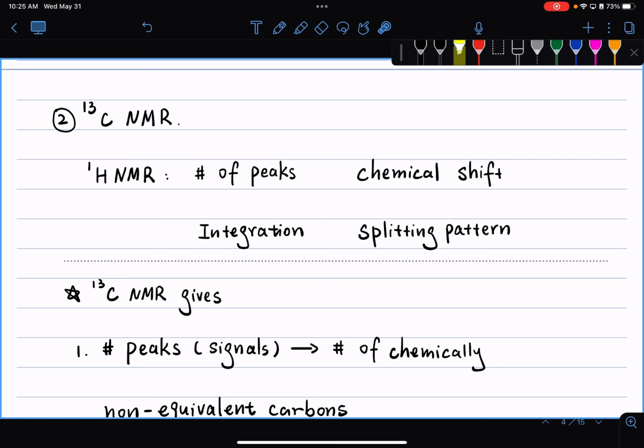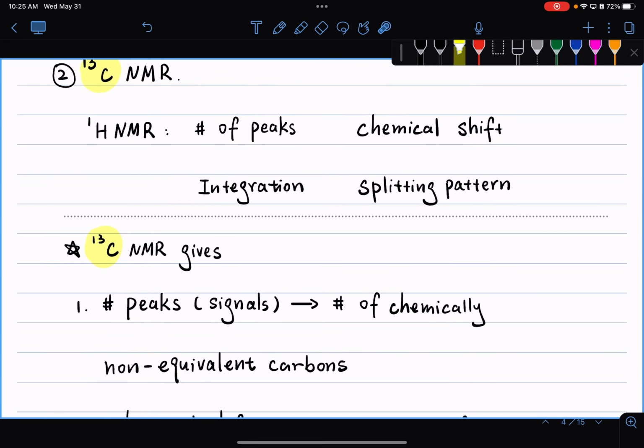Before we get into these types of information, the one take-home message for carbon NMR is that it is measuring the isotope carbon-13, which is NMR active. The majority of your carbon atoms are not NMR active, but carbon-13, one of the stable isotopes of carbon, is NMR active. So that's a little bit of the background.